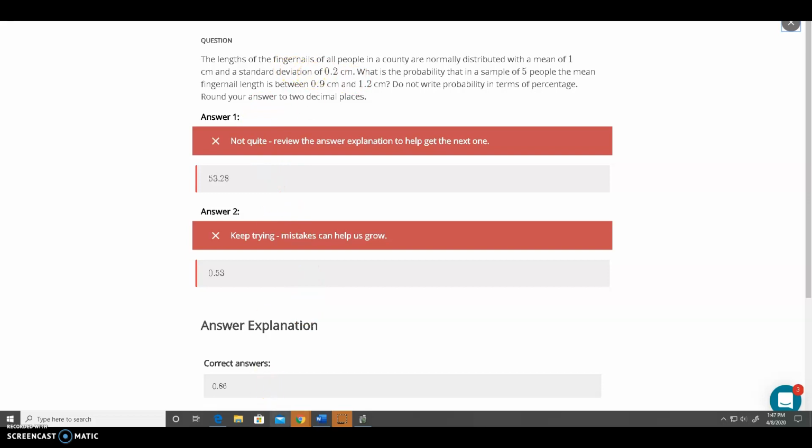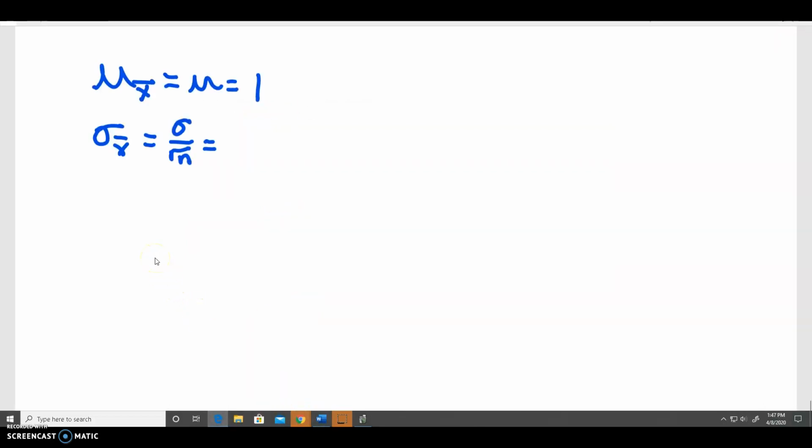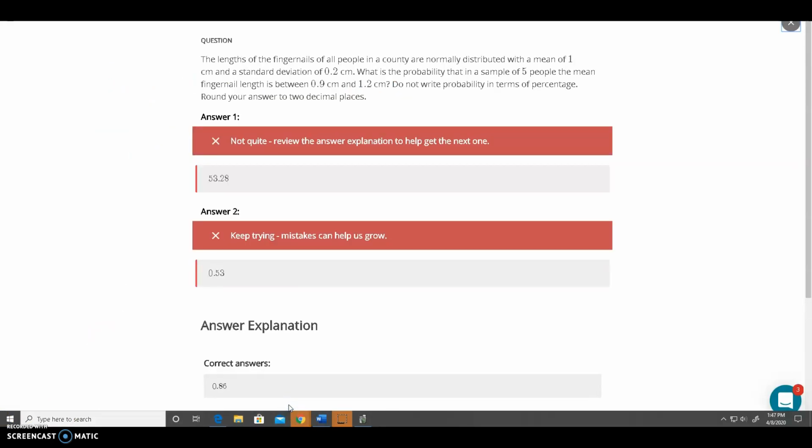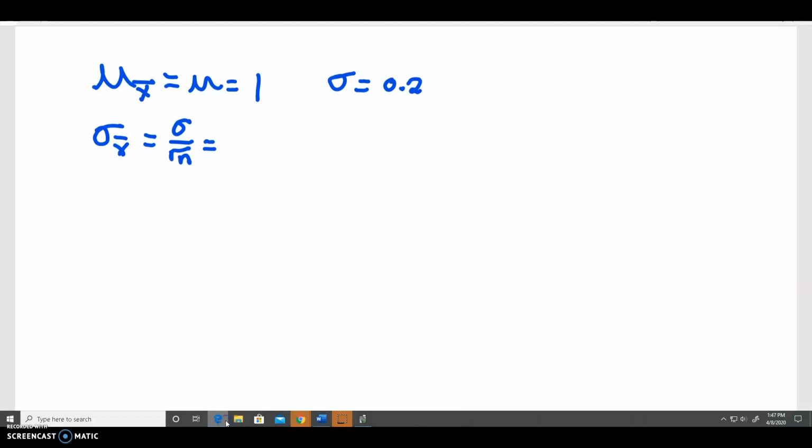We have a standard deviation of 0.2 centimeters, so sigma is going to be equal to 0.2. We know that the sample size is 5, so in this case, n is equal to 5.